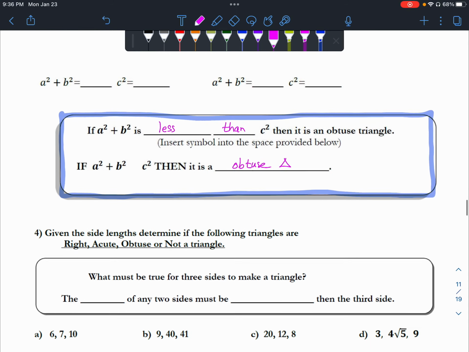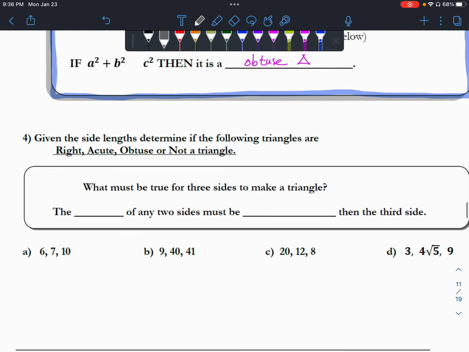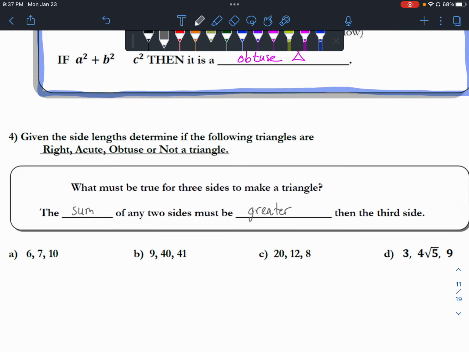The last thing we have to note from this section is a cool fact about triangles: the sum of any two sides of a triangle must strictly be greater than the third side. I can give you a very brief example.